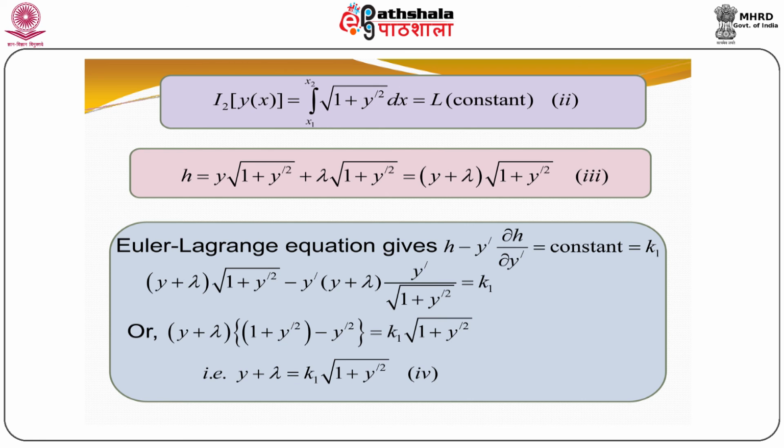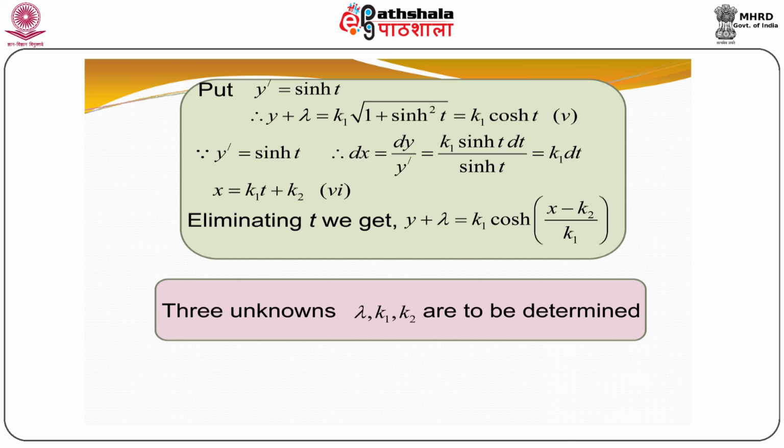This on simplification becomes this. Let us put y dash equal to sinh t, t is a parameter, in 4. Putting this, we get this result. On simplification, this gives this one.